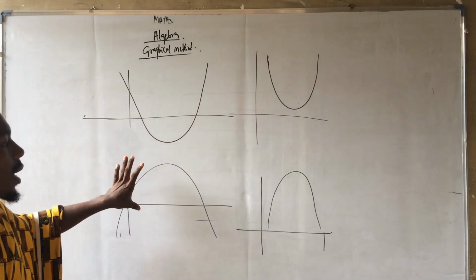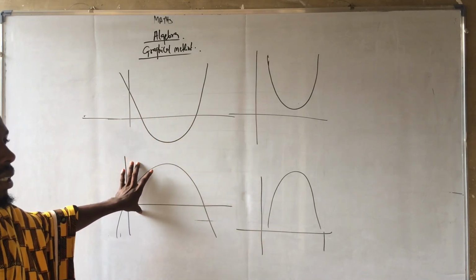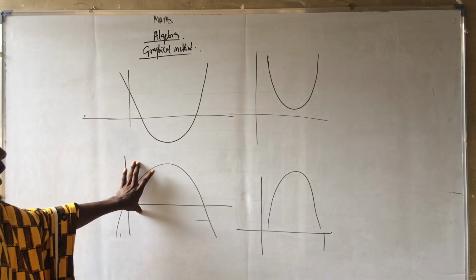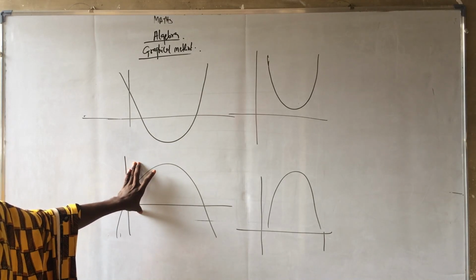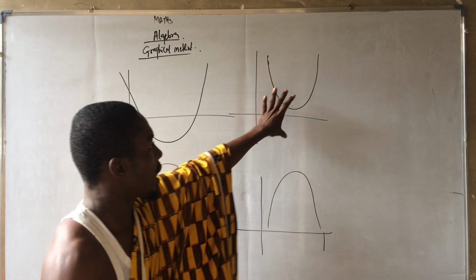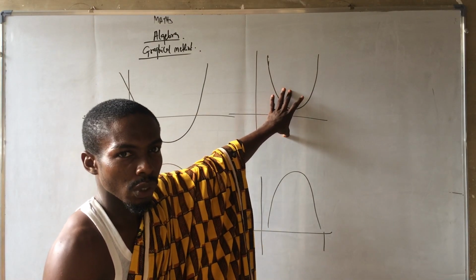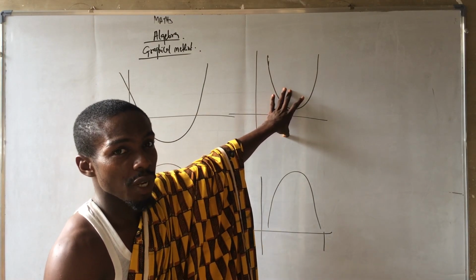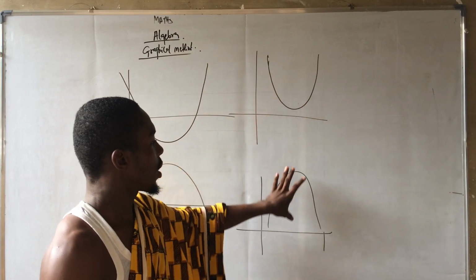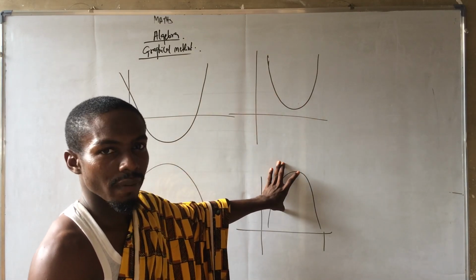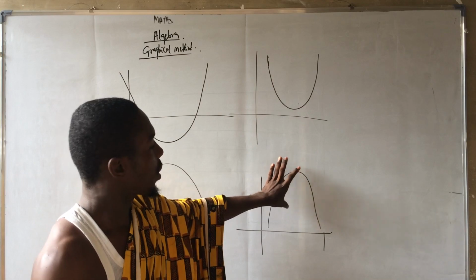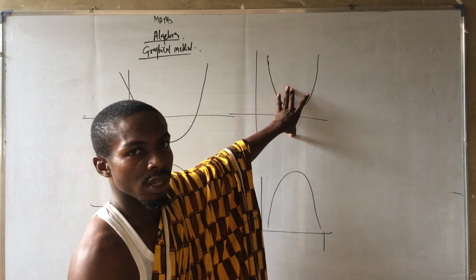Here, it has real and distinct roots, and the roots are less than 0. Here, it doesn't have any real roots. Here, it doesn't have any real roots either.